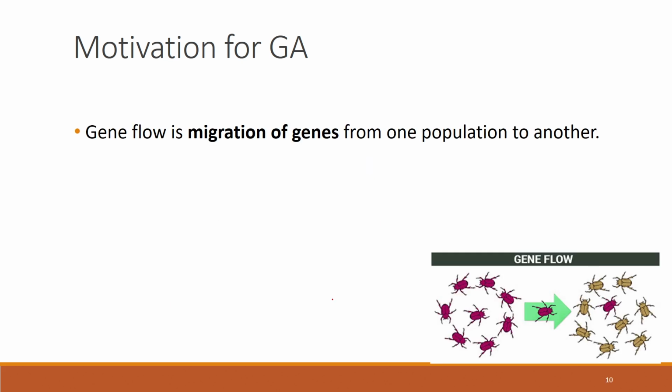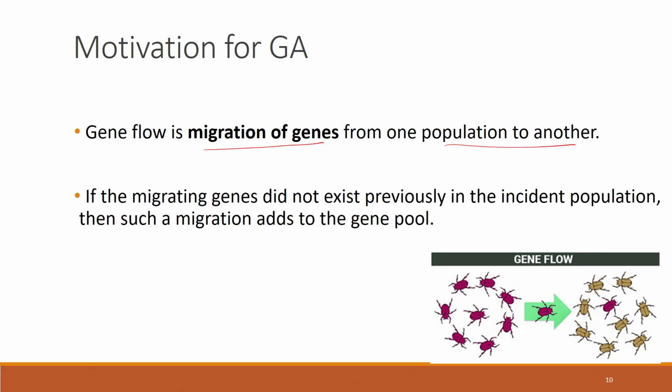Then the second mechanism that results in genetic variations is gene flow. Gene flow is the migration of genes from one population to another. An example here is that we have these red beetles on the left, and here we have a population of brown beetles, and one of these beetles from the left population migrates to the right population, and if mating happens, then some of the characteristics that were present in this population get passed on to the population of these beetles here.